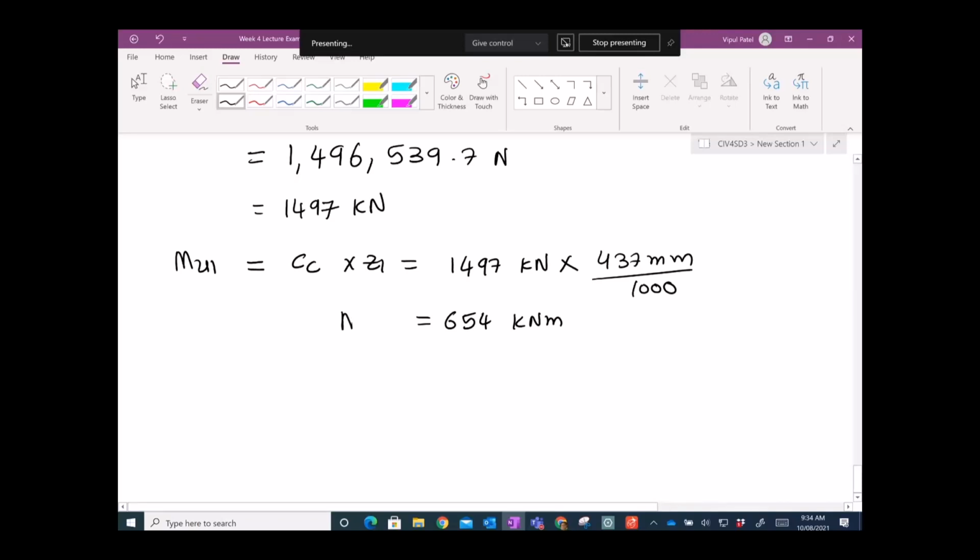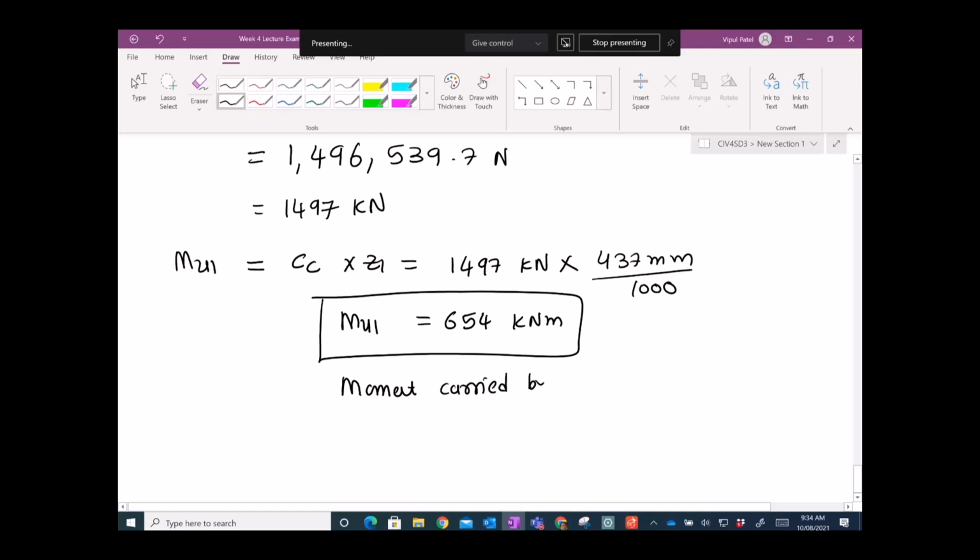What is this moment? Mu1. This moment, 654 kilonewton meters, is carried by the concrete. So that is Mu1.